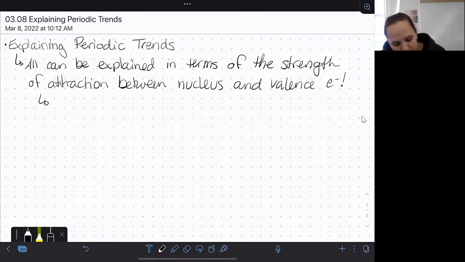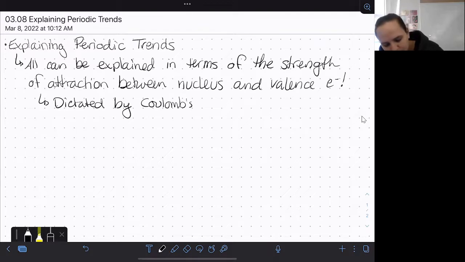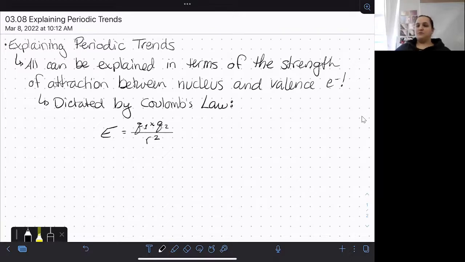And this is dictated by what is known as Coulomb's Law, which tells us that the strength of the attraction is equal to the product of the charges over the square of the distance between them.